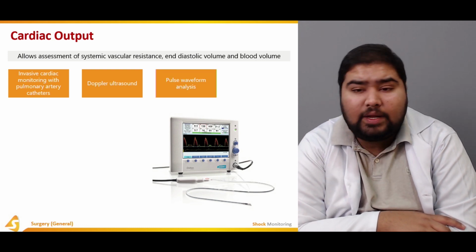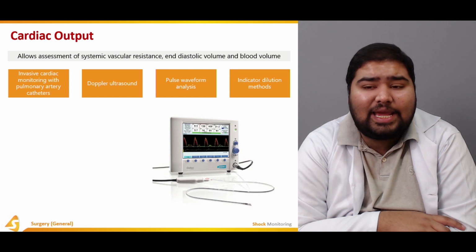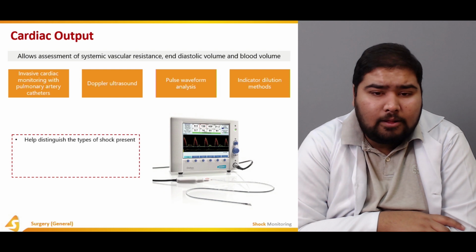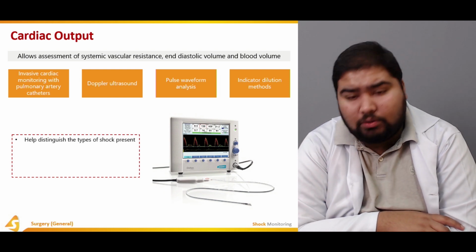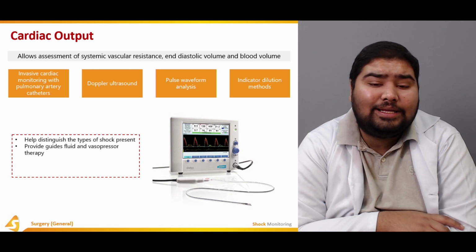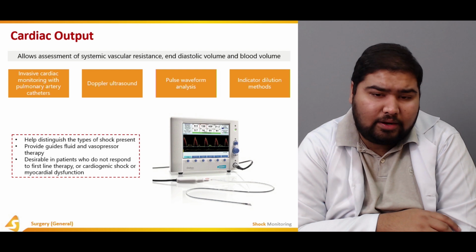Now, Doppler ultrasound, pulse waveform analysis, and indicator dilution methods are being more commonly used. They help distinguish the types of shock present. They provide the guidelines for fluid and vasopressor therapy.